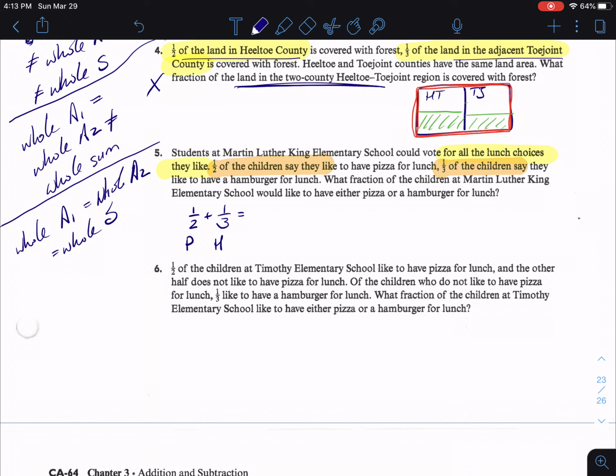Well, what happens if we have student 1, student 2, student 3, and student 4, and student 5 and student 6? So pizza and hamburger.